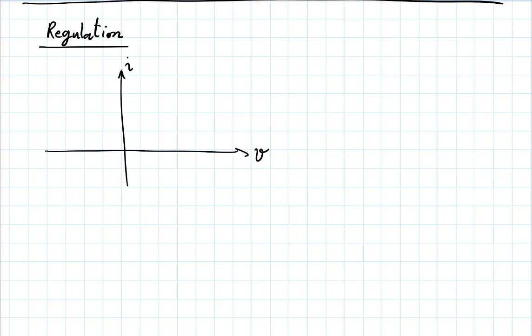Yes? That's it, right? So let's say there's a 1.5 volt battery. No matter what the current is, the voltage is 1.5 volts. That's really what you would like to have, right?